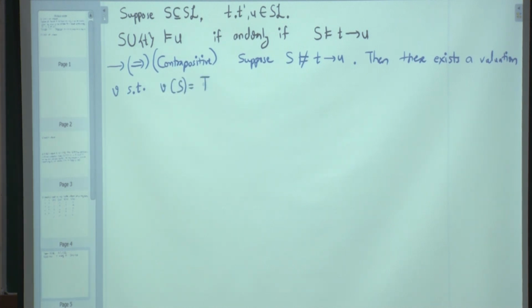What is the meaning of V of capital S being true? For all formulas in capital S, V of that is true. And V of T implies U is false. What is the meaning of V of T implies U being false?